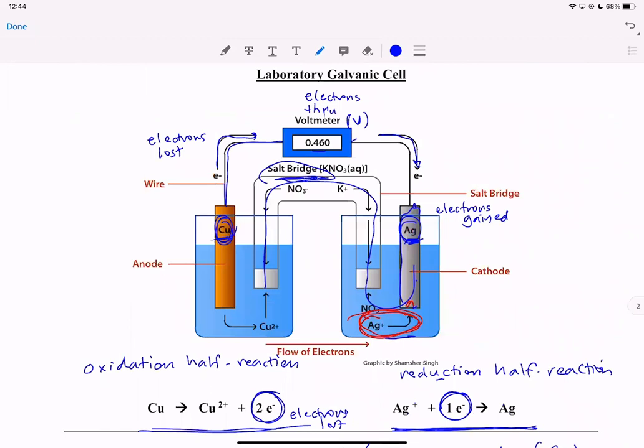So it has to flow through the voltmeter above, but also below you have a constant flow, a closed circle, more like a U shape. Let me draw this in red. You have electrons lost here, going through the voltmeter, going into the silver electrode, and then continuing on, they have to go through the salt bridge and come back around to make a full circle.